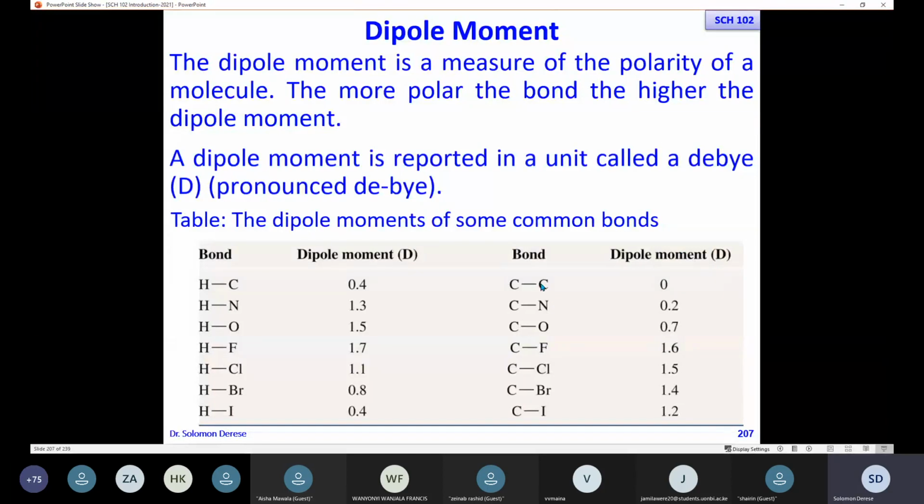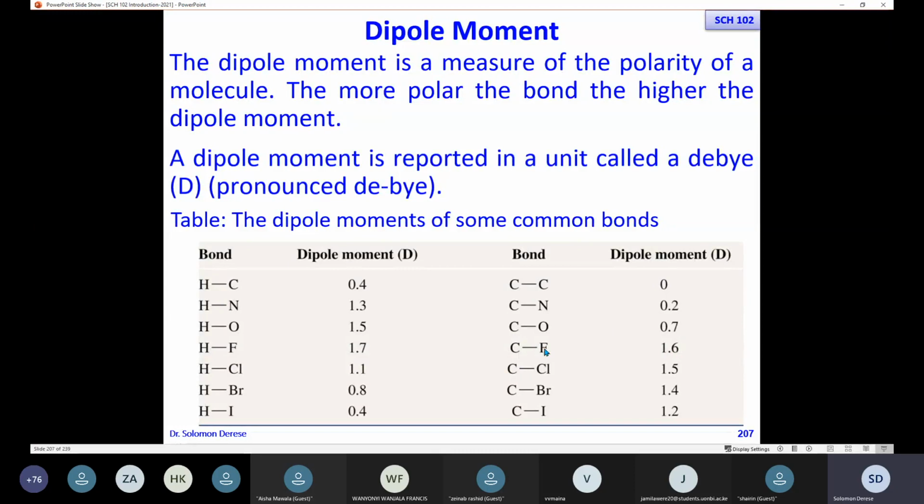But if you go down, carbon, nitrogen, oxygen, fluorine, progressively the carbon is being bonded to a more electronegative element. So as we go down, the polarization of the bond should increase, since dipole moment is a measure of polarity. As you can see, the dipole moment increases from 0 to 0.2, 0.7, and 1.6.